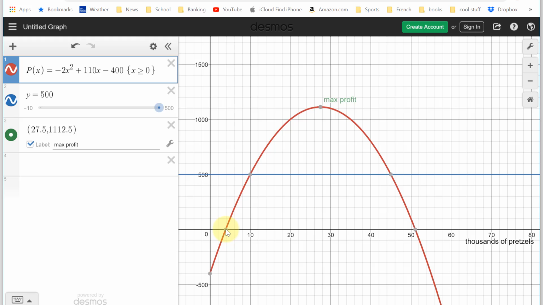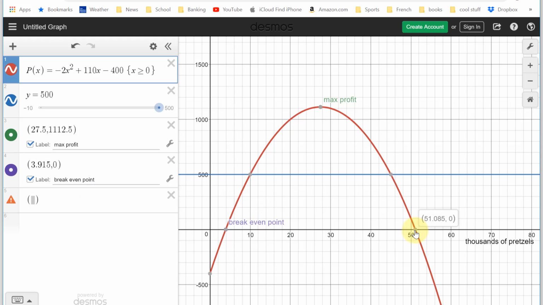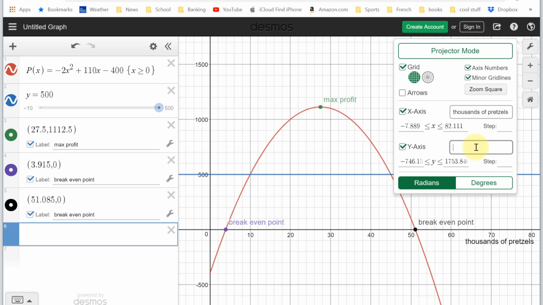We could go back to these points, and they were the same ones that I got from the quadratic formula. These are the break-even points. This was at like 3.915, and this other one was like 51.085. The vertical scale, I forgot to label that, that was actually in hundreds of dollars.